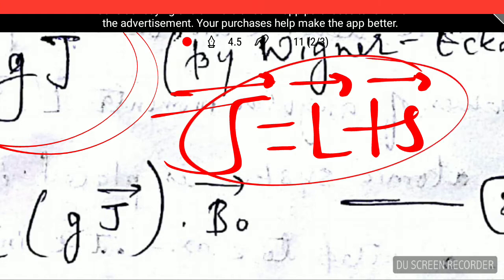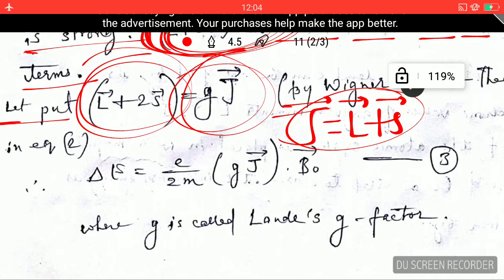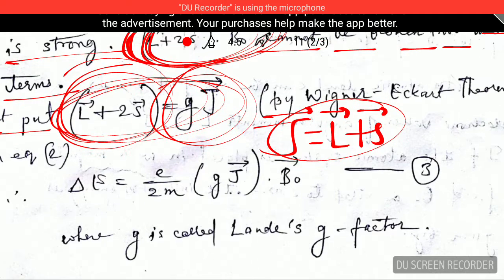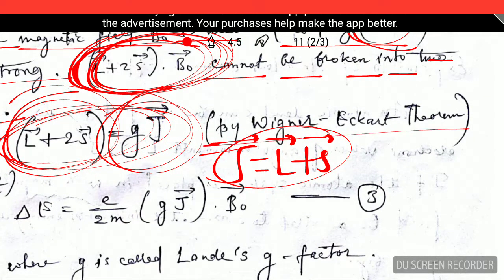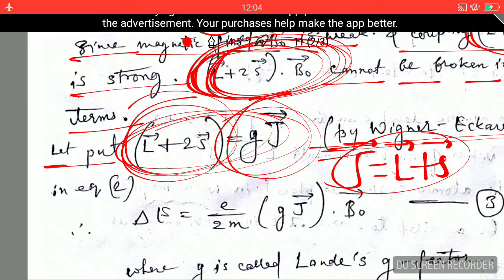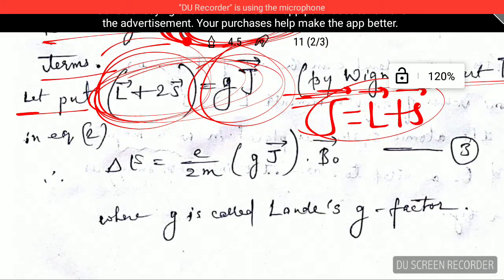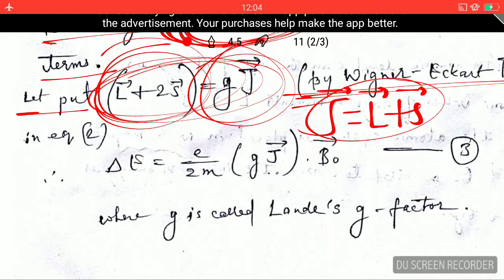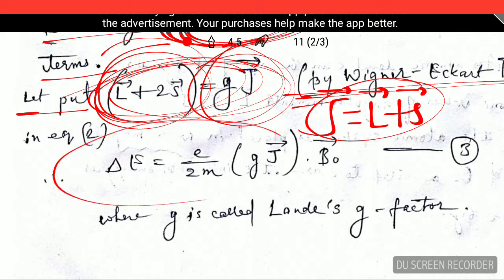That is the total angular momentum, and this came from the Wigner-Eckart theorem. I'm not going to take you into the details of the Wigner theorem because that will divert us from the current topic. Now with this substitution, equation number 2 will come to this form.